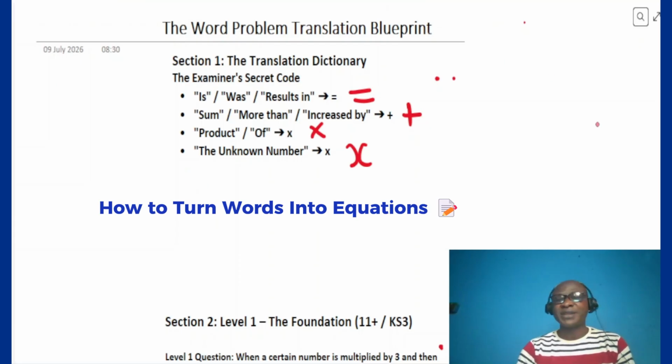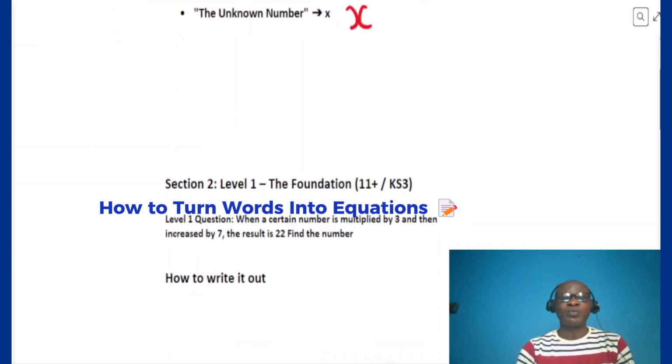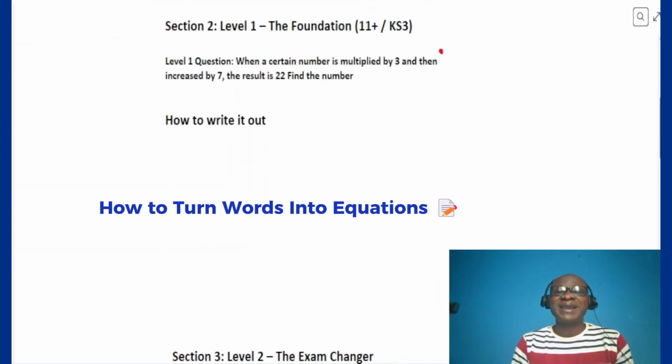Let's see how we can use some of these terms and how they are used in questions. When a certain number is referred to, this means we do not know the number. Like I said, any variable can be used, but in this case, let us use the conventional letter x. You underline it and label it with the letter x, is multiplied by 3.